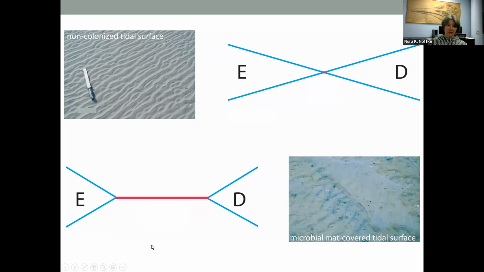This is the situation in the presence of a microbial mat. Microbial mats decrease the effect of erosion, and they also affect the position of sediment. That means this must translate into the record with respect to a formation of sedimentary structures, and this is what we can see indeed in the field.